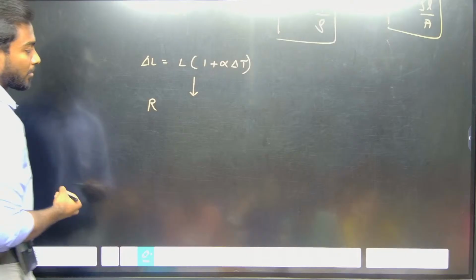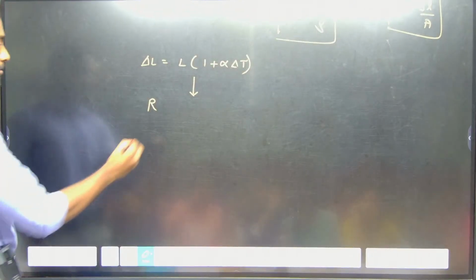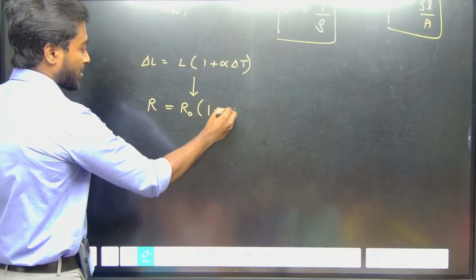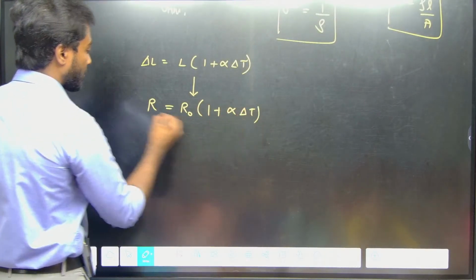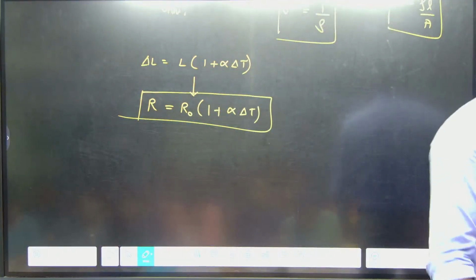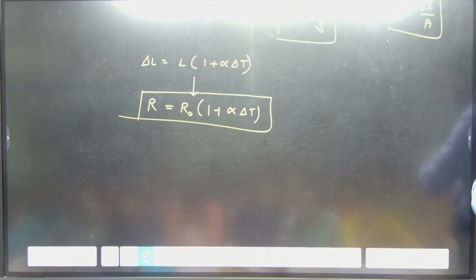This is the change in resistance: R is equal to the initial resistance R naught times (1 plus alpha delta T). This is the formula. Take it down.